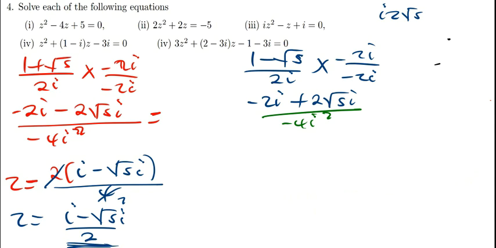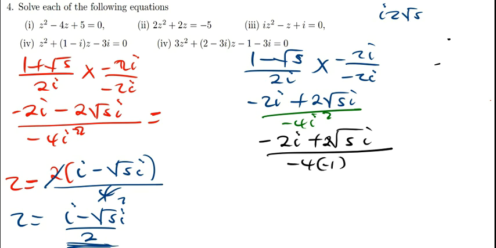So another answer for z, we expect it to be negative 2i plus 2 root of 5 i. I should not be in the square root. Take note of that. And then what we should know here is that this is negative 4, and then we have negative 1, because i squared is negative 1. So I end up having positive 4 down.